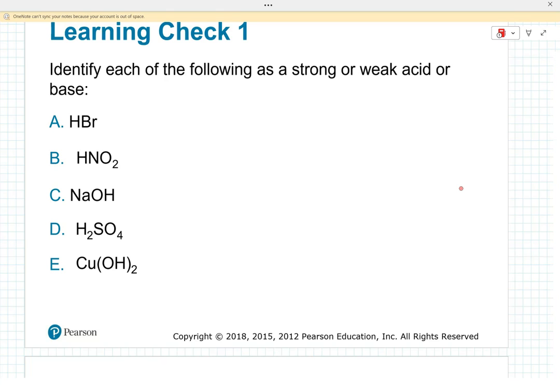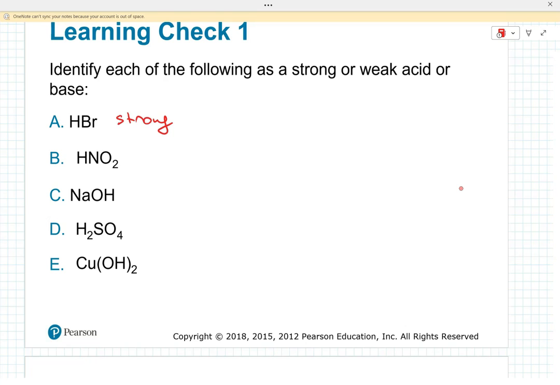So, strong or weak, HBr? A good way to remember is to look at the periodic table. 17th group: you see fluorine, chlorine, bromine, iodine. Except for fluorine, the other three are strong acids.